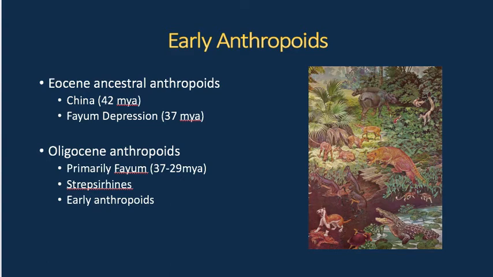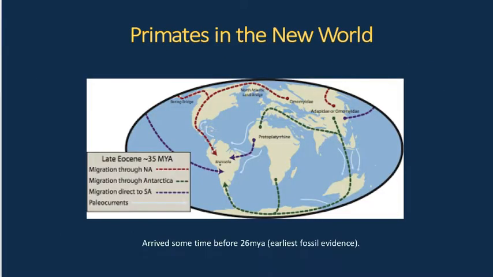Okay, so continuing where we left off in the last video, the early anthropoids appear in the Eocene, and then in the Oligocene they start to diversify and spread across the Old World. We also, at the end of the Oligocene, beginning of the Miocene, start to see primates appearing in the New World.